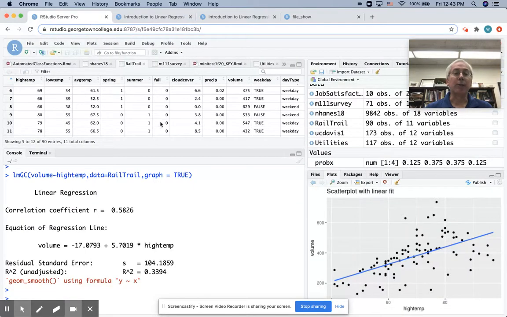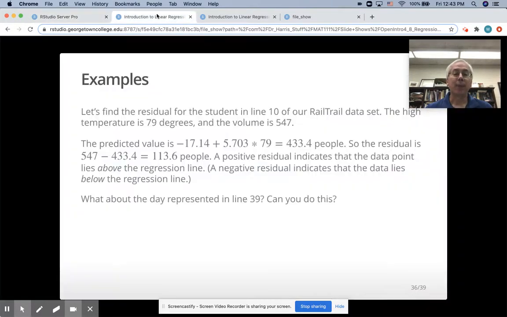Let's double check that. 79, volume 547. And so we pop 79 into our regression equation. We get a predicted value of 433.4 people. So the residual is the actual observed 547 minus 433.4, which is 113.6 people.